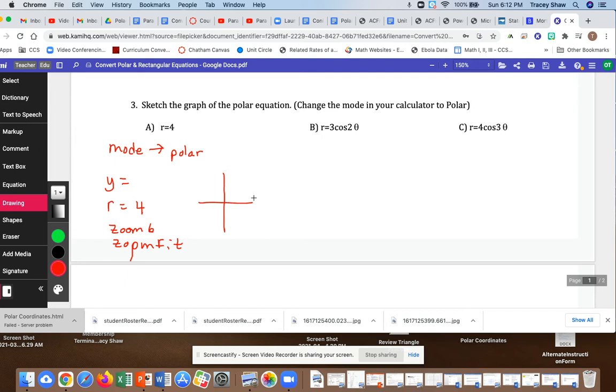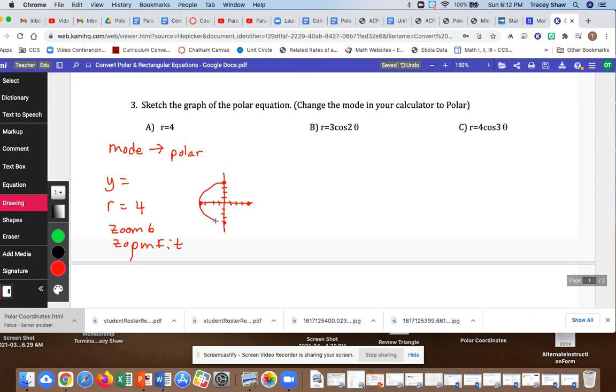Be very careful. Sometimes your calculator is misleading. If you look closely, it actually goes through 40, negative 40, and then if you count on the y-axis, it's up 4 and down 4.